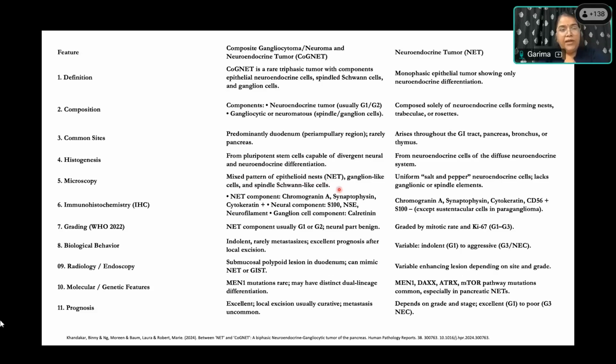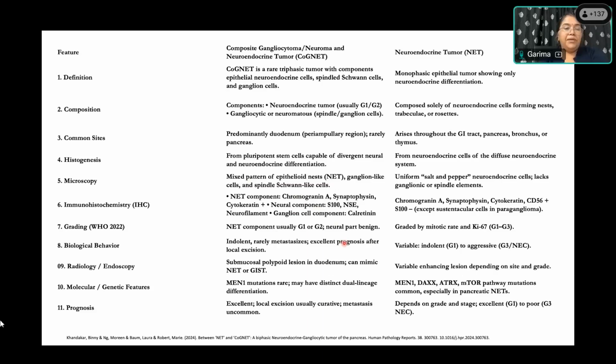And the different areas will show positivity for different markers. Like the NET component would be positive for chromogranin, synaptophysin and cytokeratin, whereas the neural component would be positive for S100 and neuron-specific enolase, and the ganglion cell component would be positive for calcitonin. You will do grading for the NET component.